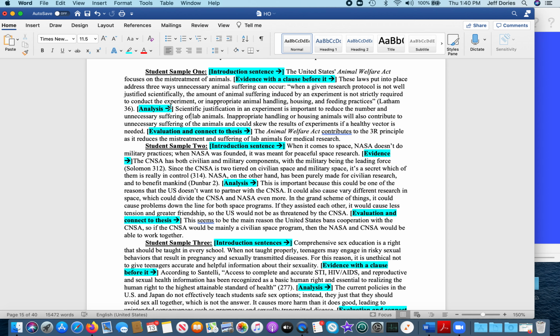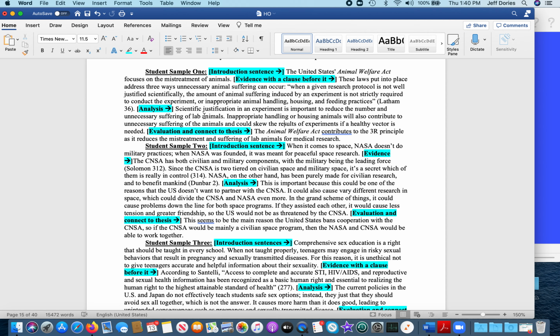Okay, so it's explaining why this is important, that if this is not followed, then this would happen, right? That it can contribute to unnecessary suffering of animals. And then she combines, you'll probably see this more often than not, evaluation with connecting to the thesis. That's fine.